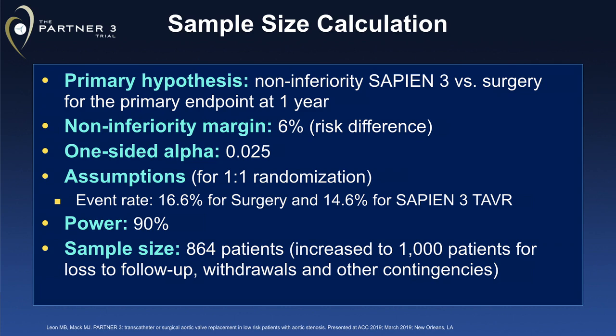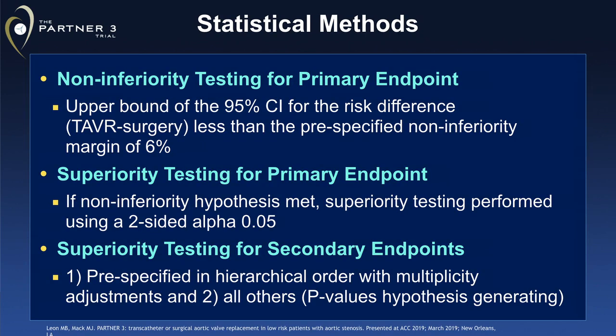So this is just some statistical jargon, but basically whenever a trial is designed, there are certain statistical analyses that can be done based upon known numbers and some assumptions that are made to calculate how many patients we need to enroll in this trial to be able to prove or disprove the primary hypothesis.